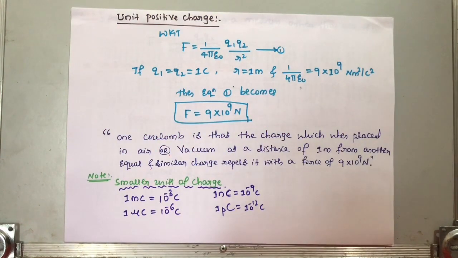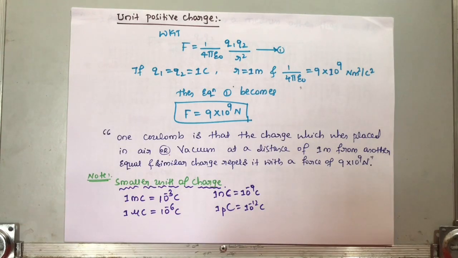Next, we are going to study the SI unit of charge and what amount of force exists between two point charges. The SI unit of charge is coulomb. From the Coulomb's law equation, F is equal to 1 divided by 4 pi epsilon naught q1 q2 divided by r square, suppose we consider q1 and q2 are each 1 coulomb, and the distance between the two point charges is 1 meter.